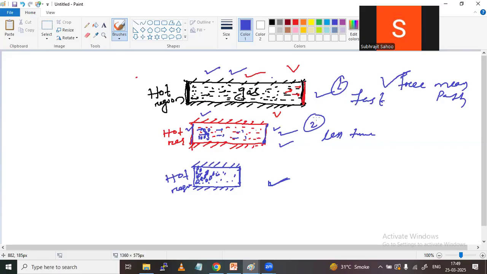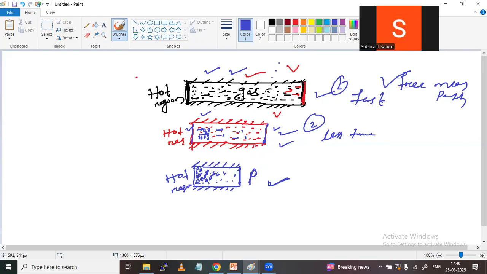Now observe the important point here. What is the important point? Here volume is more, here volume is a little bit less, and here volume is further less. If I compare these, in which case is pressure more? In this case, pressure is more, compared to this one and this one.